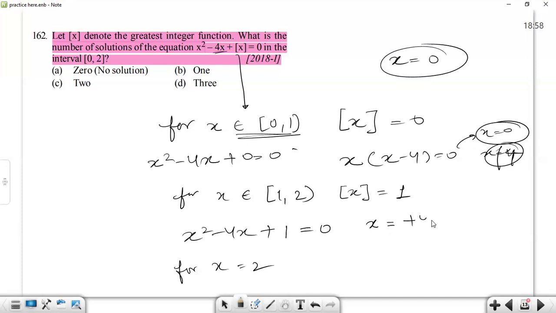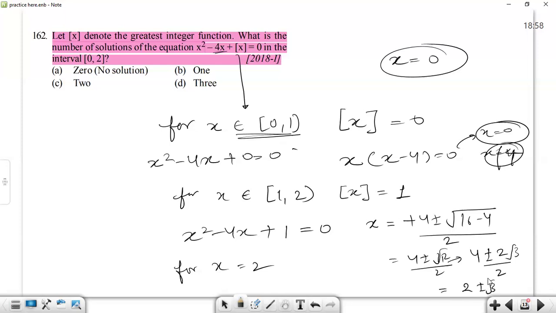Minus b plus minus square root of b square minus 4ac upon 2a. So 4 plus minus square root of 12 by 2. 12 can be written as 4 into 3. So 2 into root 3 by 2. This can be further written as 2 plus minus root 3.